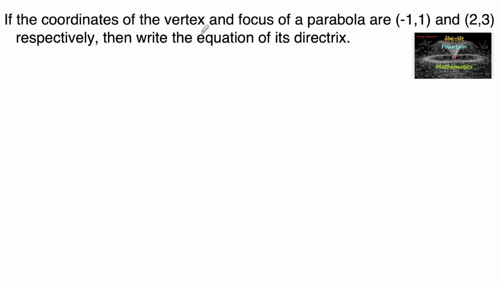If the coordinates of the vertex and focus of a parabola are minus 1 comma 1 and 2 comma 3 respectively, then write the equation of its directrix. We know that the focus and vertex will fall on the axis of the parabola and the directrix is perpendicular to the axis.